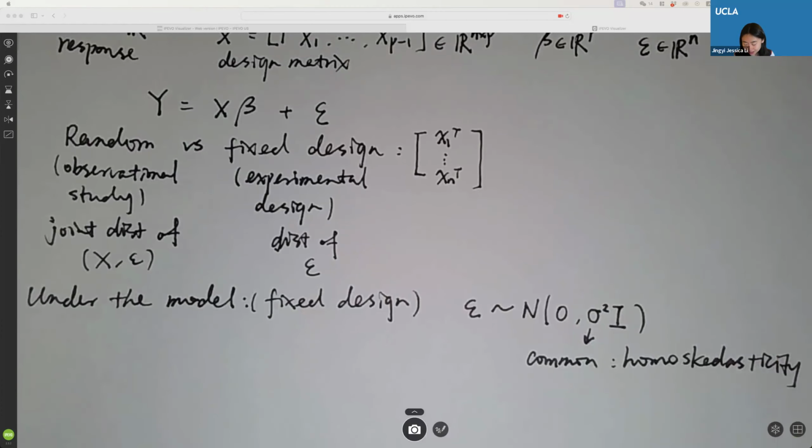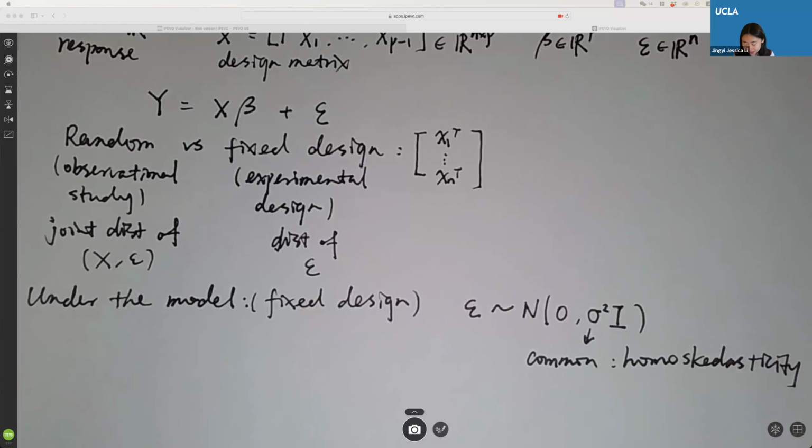Then we can have one copy of X transpose X canceled with its own inverse. So we're left with sigma squared X transpose X inverse, which is good, right? This is what we get for the variance covariance matrix of beta hat under fixed design.